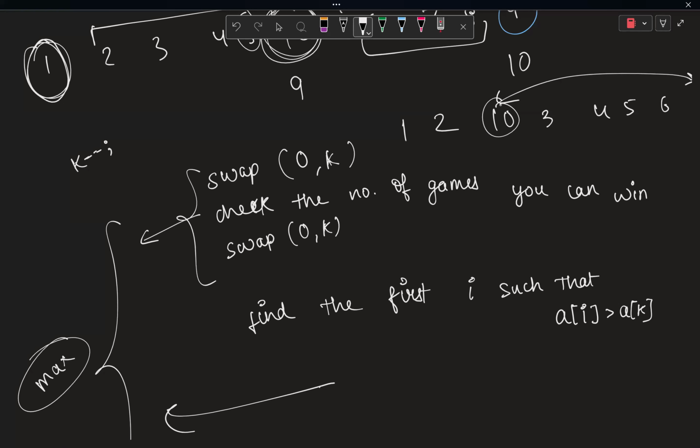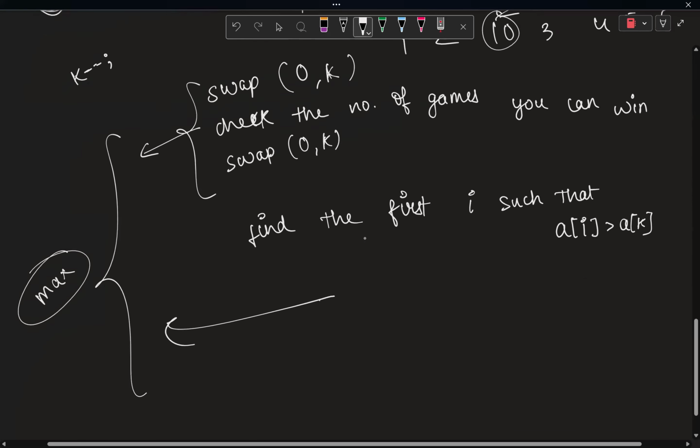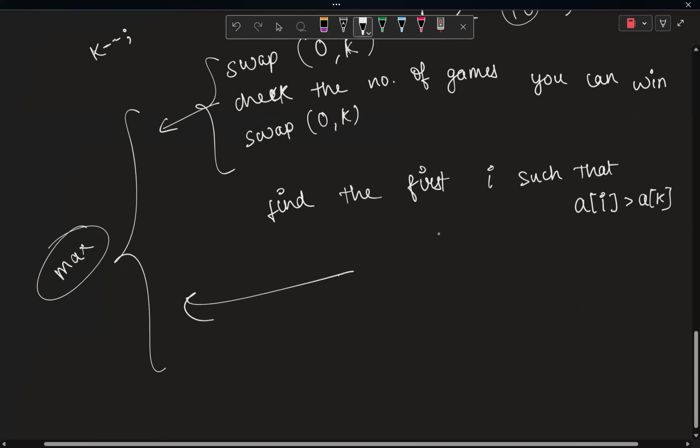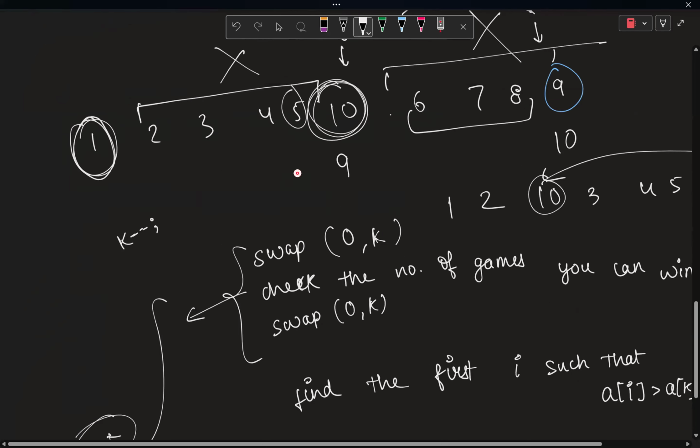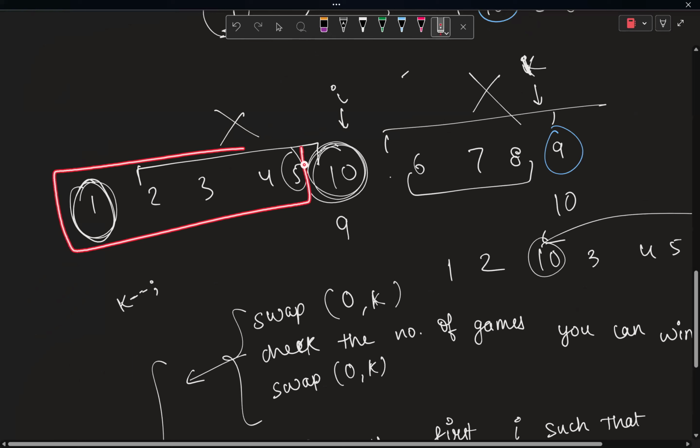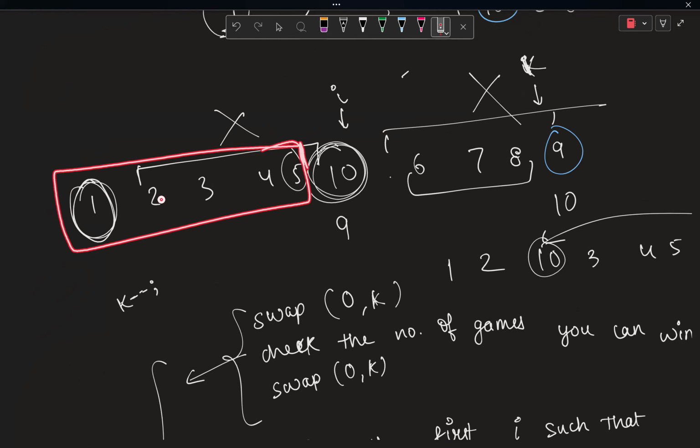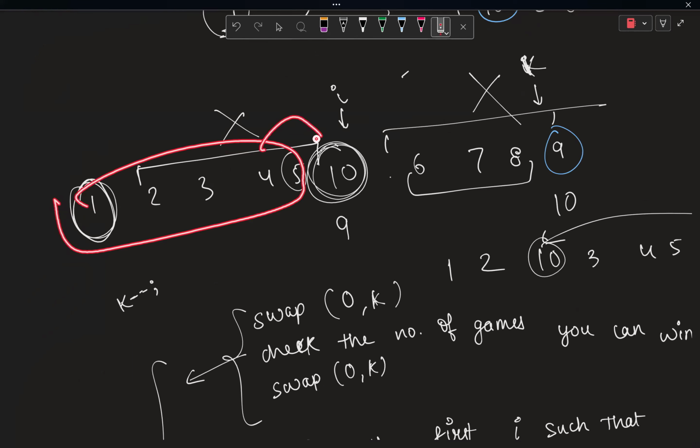When we swap AI and AK, why are we not checking the previous elements that might also be lesser? See, all the people who are lesser than you, you know that one of them will win among these people and you will fight with him, you will defeat him.